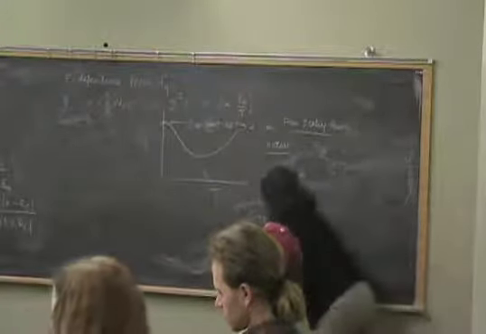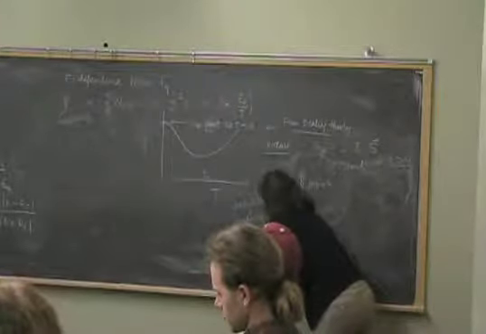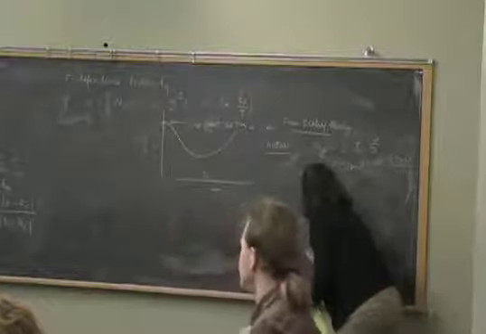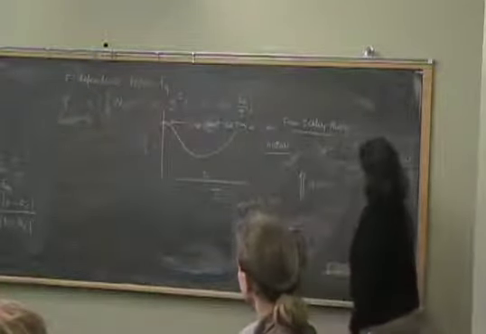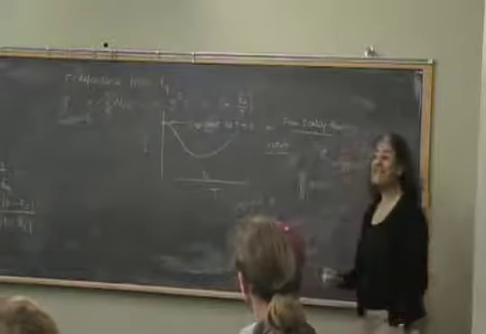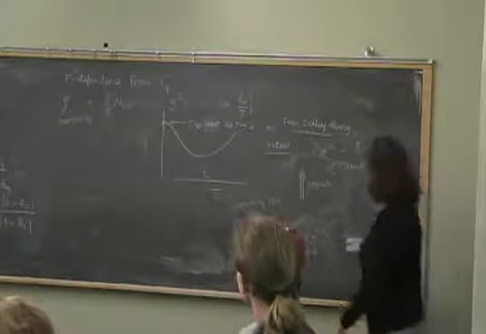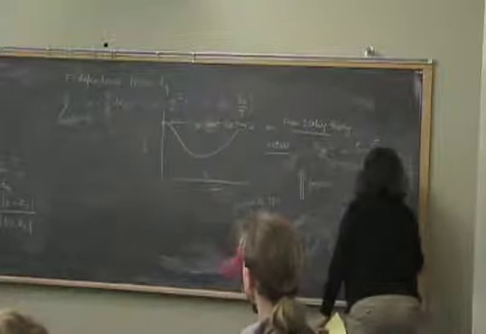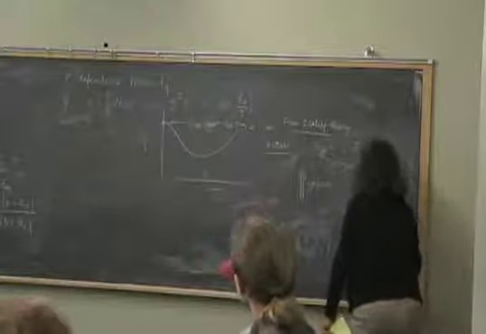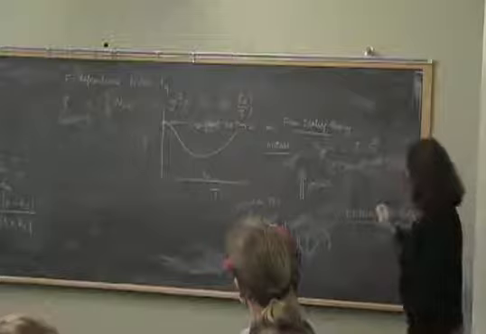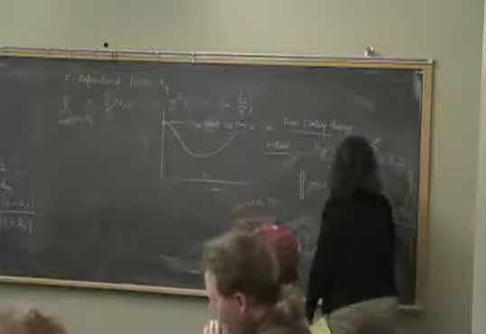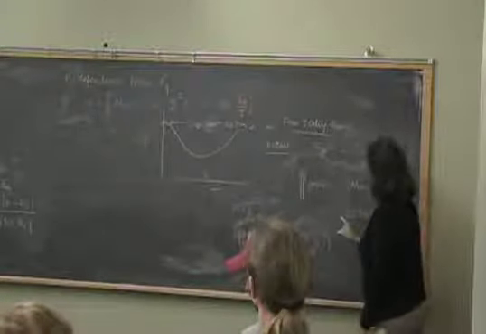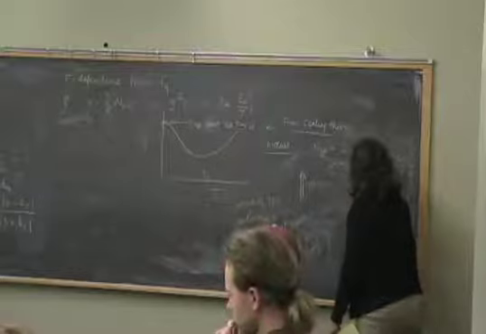Here is the impurity, this is the conduction electron. So it's an entangled state. It's a coherent superposition of both of these. It's a many-body entangled state, and by many-body I mean it involves these many electrons.